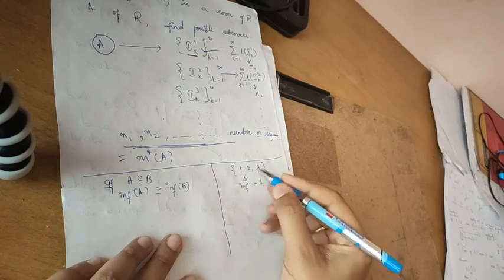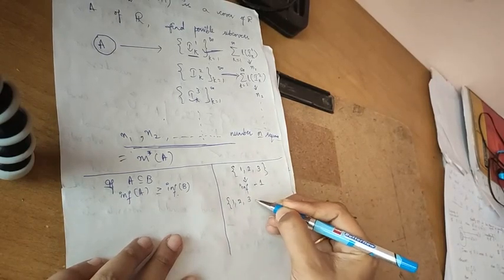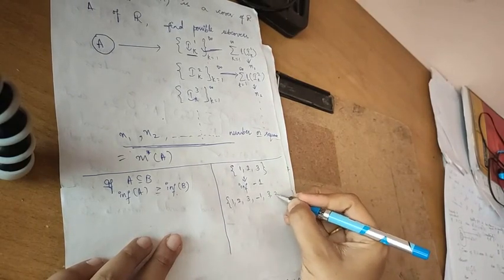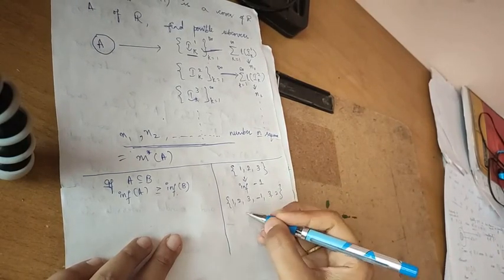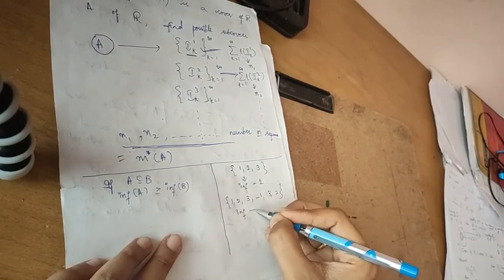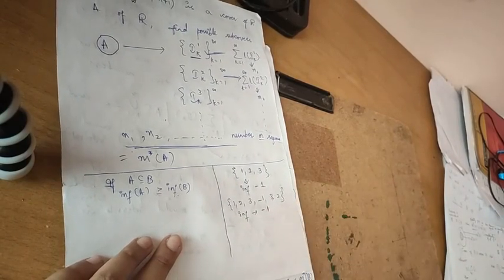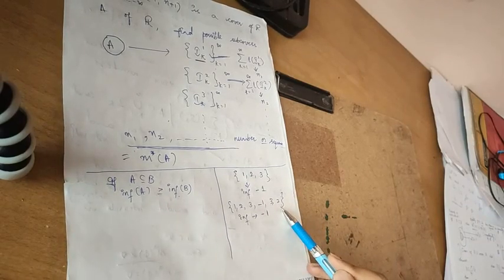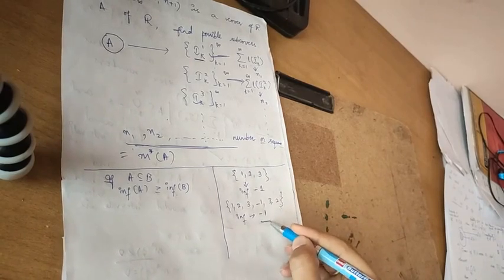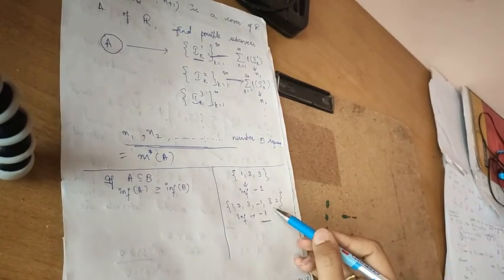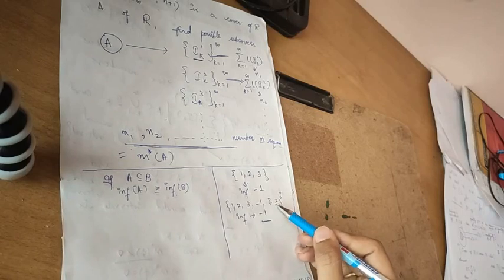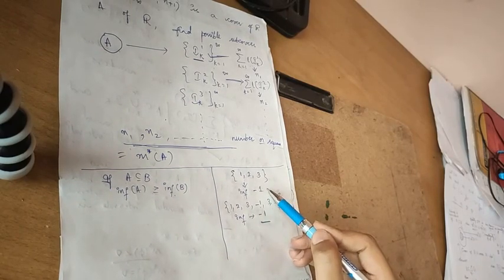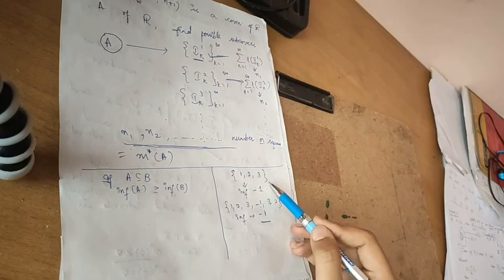So I will retain this set as it is and I will include some more numbers, -1, 3, 2, etc. If I find the infimum for this set, the infimum will be -1. So if I include more numbers, there are chances the infimum will be less, because there can be extra elements added which are lesser than the infimum we computed from the set we considered first.